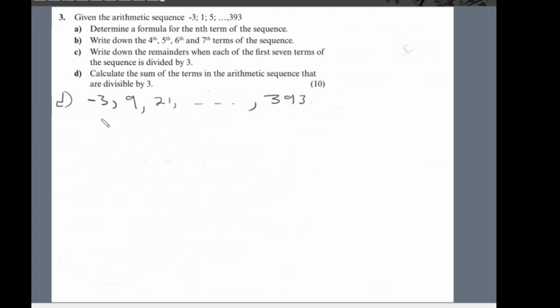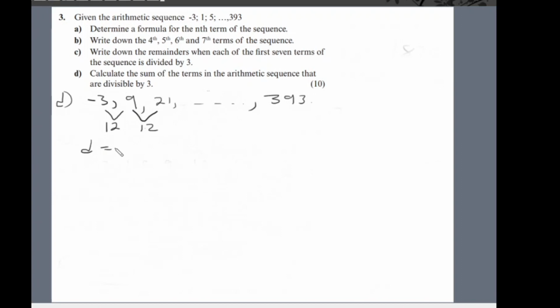To get their sum, you now proceed the normal way, right? So now this is a normal sequence of terms that are divisible by 3. The common difference between these terms: to move from -3 to 9, you have to add 12, right? And then to move from 9 to 21, you have to add 12.